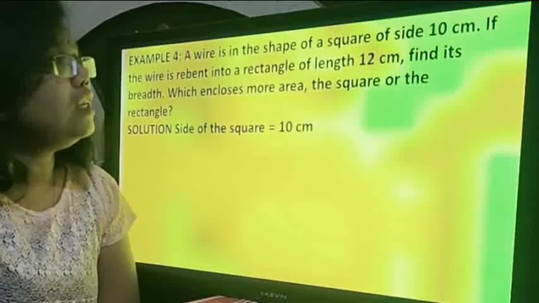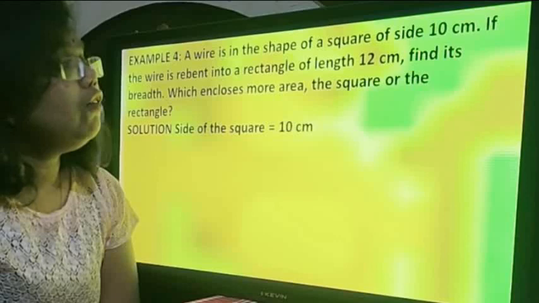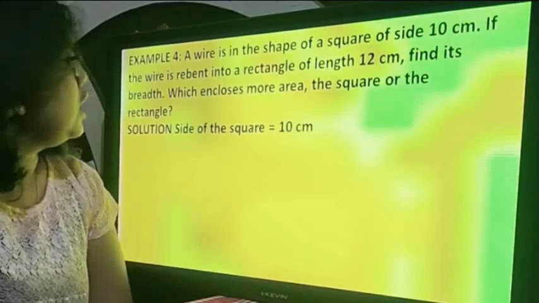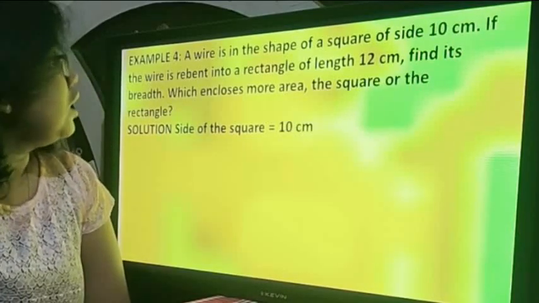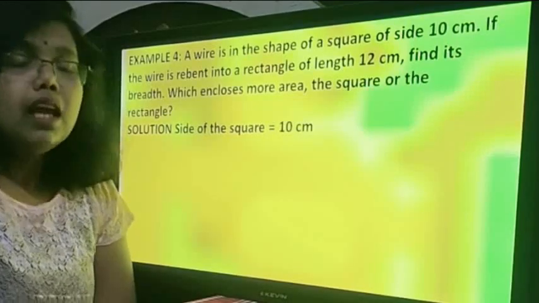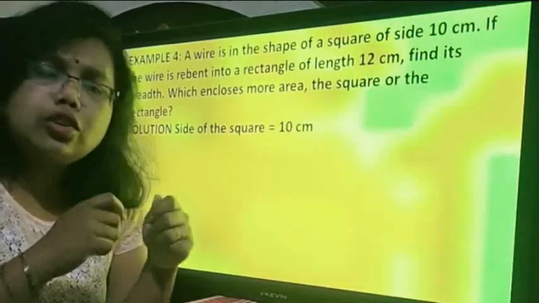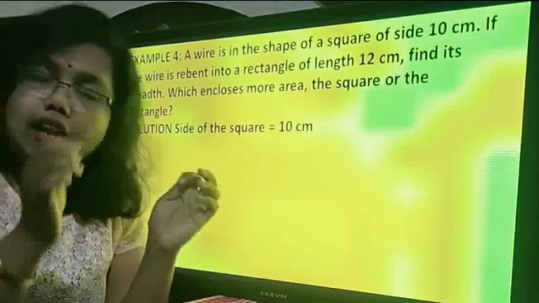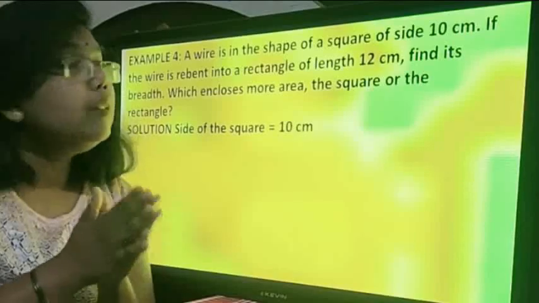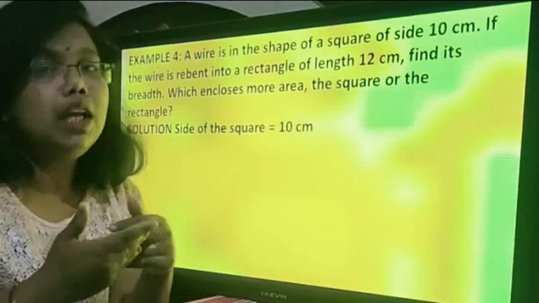The square of side 10 centimeter, if the wire is rebent into a rectangle of length 12 centimeter, find its breadth or width. Which encloses more area, the square or the rectangle? A wire is first in the shape of a square, and then we are going to open the square and refold it as a rectangle, and then we have to find out which one has more area.